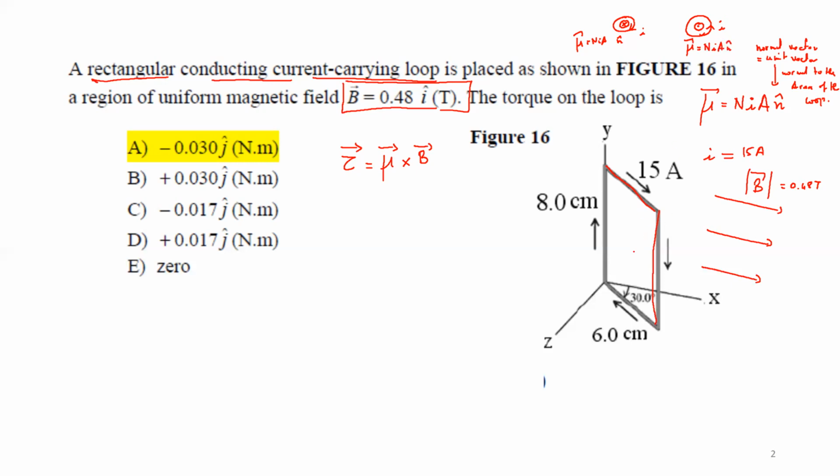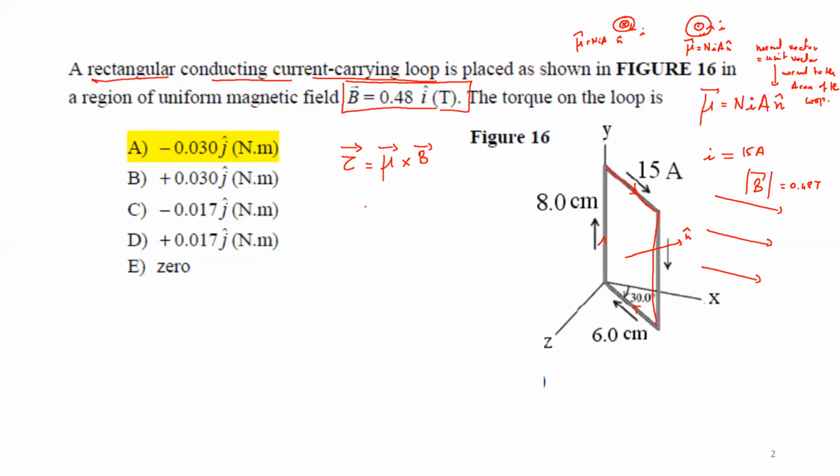Now here, how is our normal vector? Of course, I'm rotating in this direction. You see the current here, the current is moving in this direction in the loop. So if you use your right-hand rule, the normal vector will be like this.